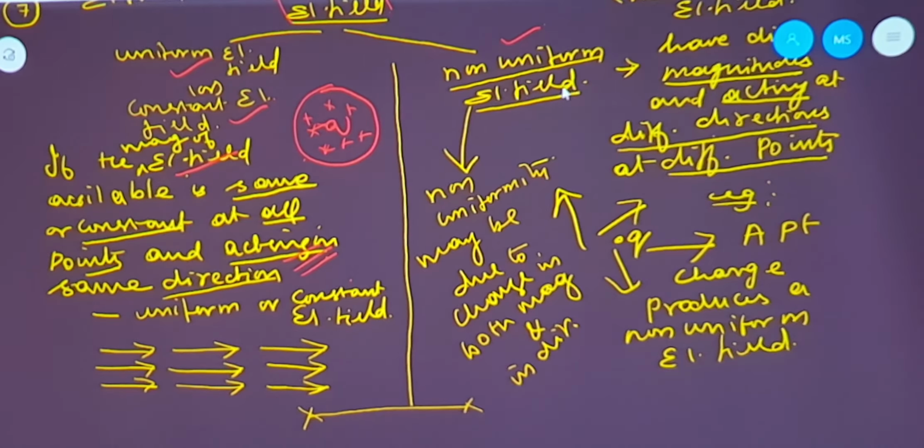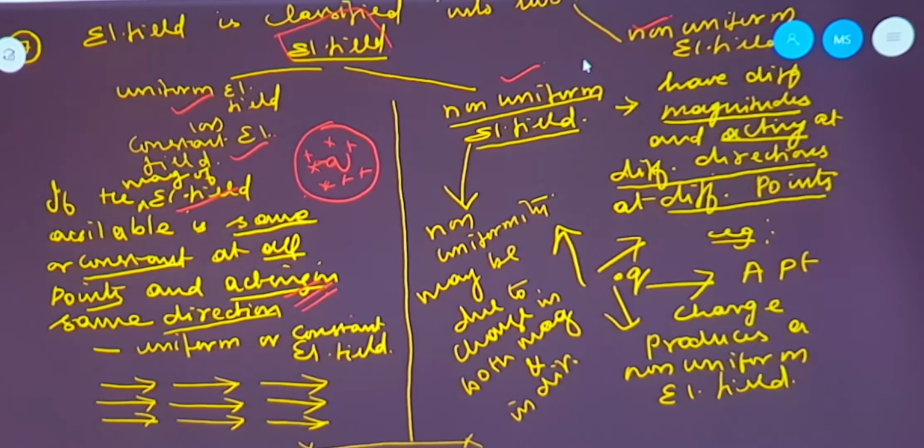When you are considering the non-uniform electrical field, I can consider the same concept or the same diagram. You have a charge Q, and around that charge Q you have different points, and if the electrical fields are acting in different directions or with different magnitudes, or both changing, both magnitude as well as direction being different at different points inside the field, then it is called a non-uniform electrical field.